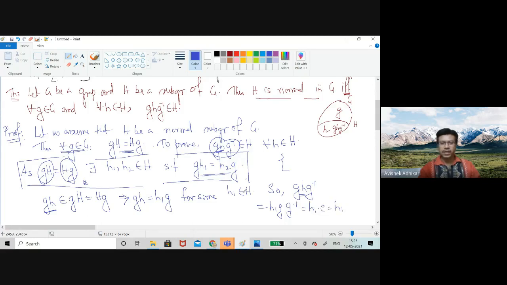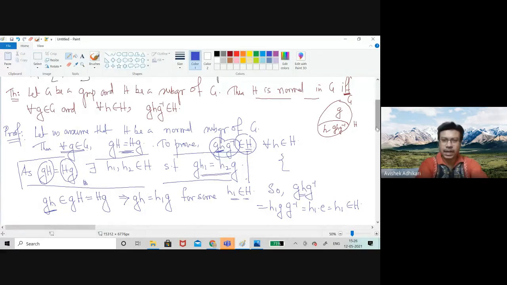And where does this h1 belong? h1 belongs to H. So this belongs to H. What we need to prove is the same thing we just proved. We started with g h g inverse, and ultimately at the end of the proof we have shown that it is within H. Then this statement is proved.